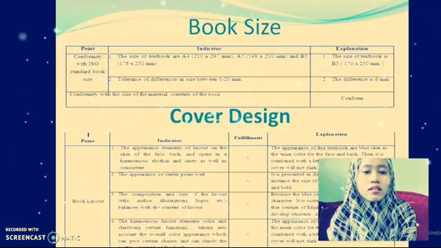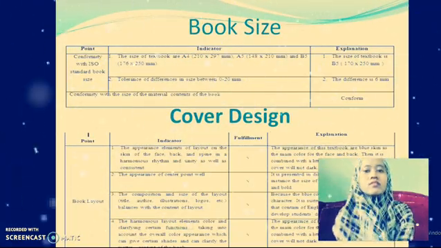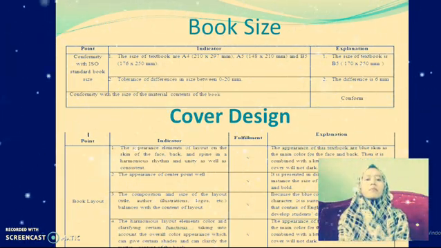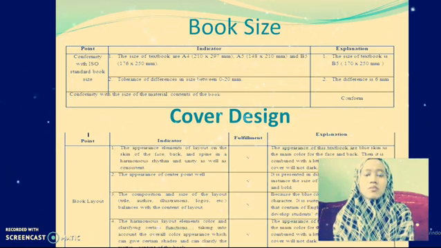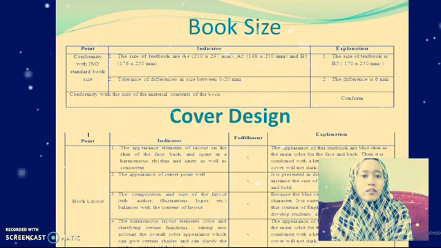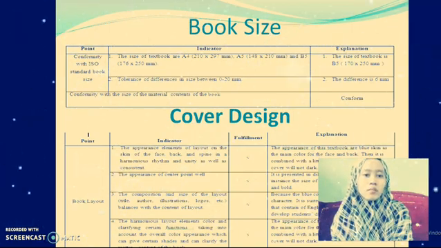The next criteria of BSNP is grade appropriateness. Grade appropriateness has several subcontents. It is book size. The book size point is conformity with ISO standard book size.